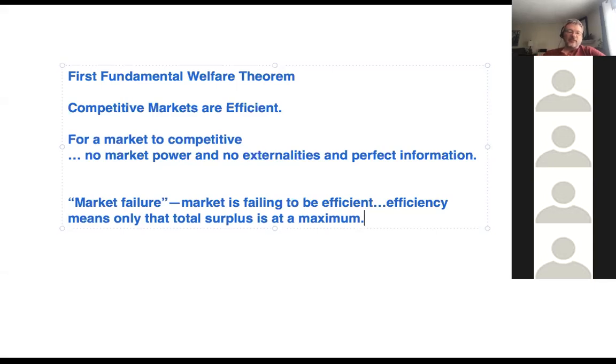If for some reason the market has a market power issue, and market power means that the firms can do something to manipulate the price. So the first case is monopoly, but it also happens in these other models that we've talked about, the Cournot duopoly model, and it also happens in the leader-follower model.